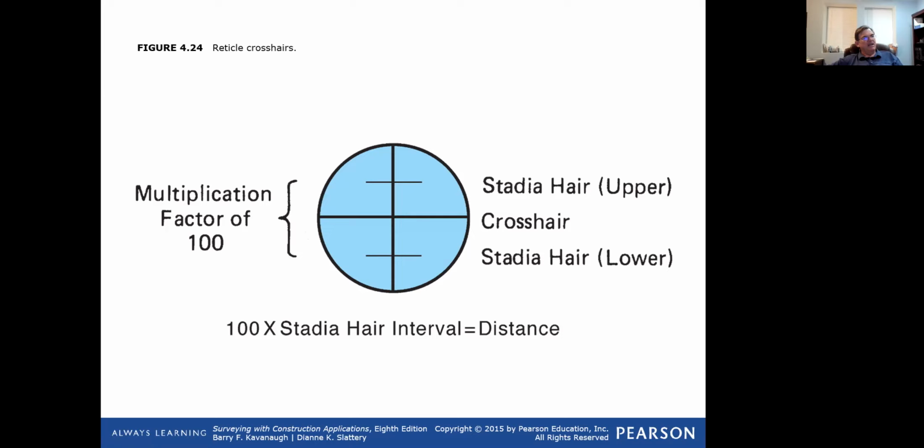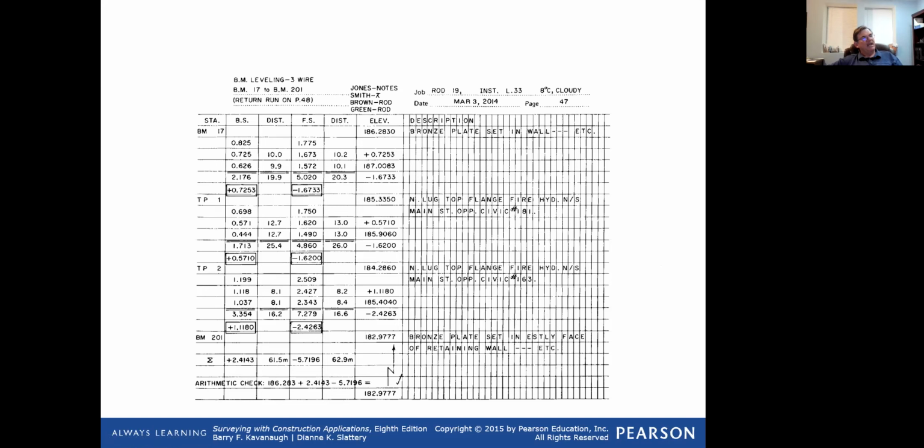So these are called reticle crosshairs, but it's what you're looking at inside the instrument. And here's a set of notes on figuring out the distances and what you're looking at and how far you're reading. So basically it's taking a top hair, a middle hair, and a bottom hair. This is called 3-wire leveling.